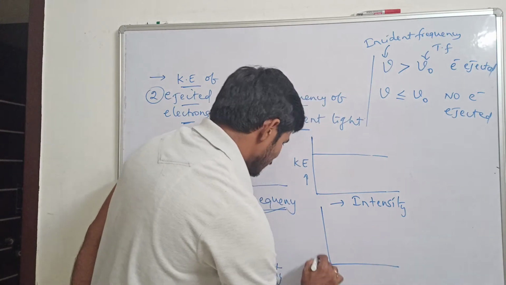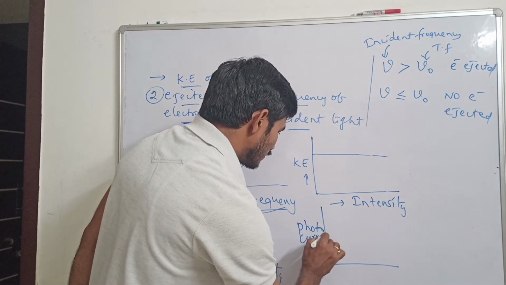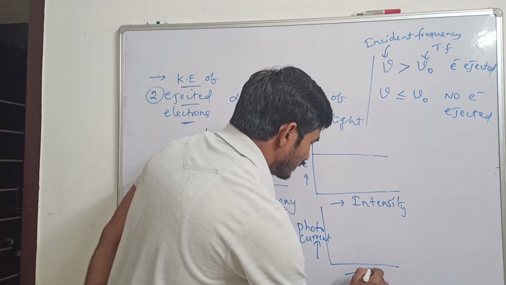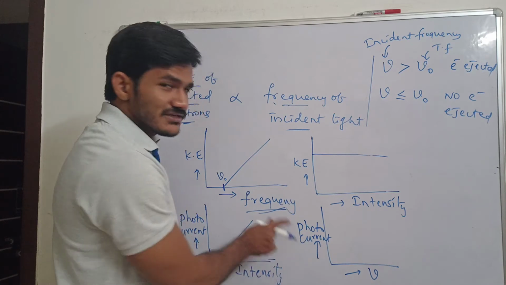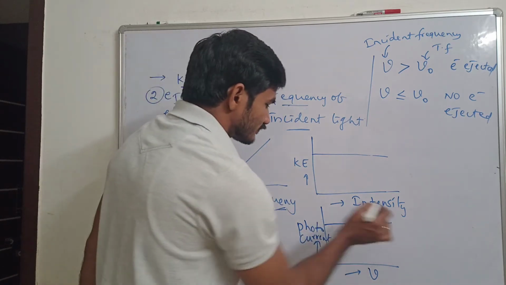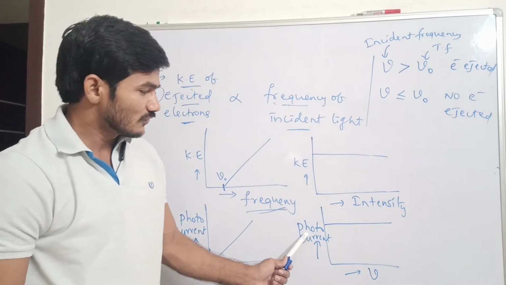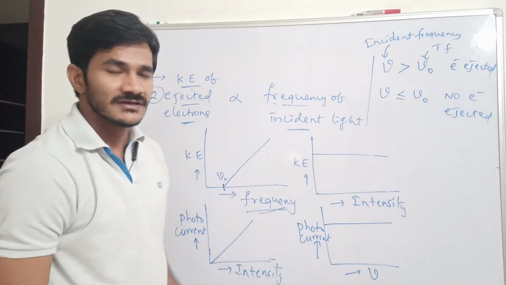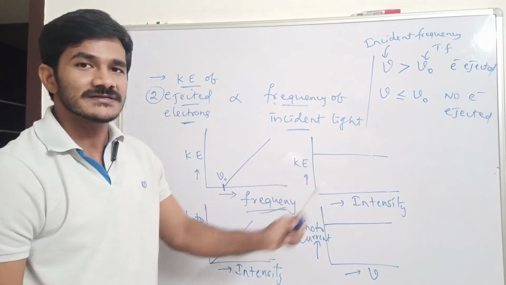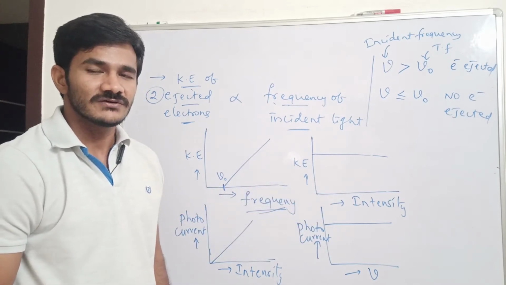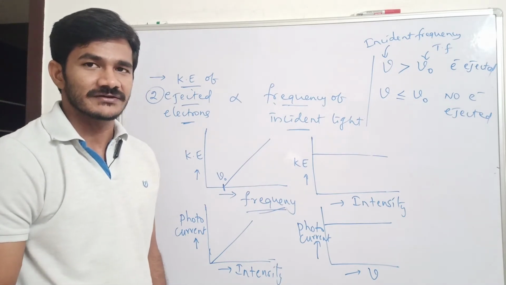Suppose I take photocurrent with frequency: with increasing frequency, is there any change in photocurrent? No, because photocurrent depends on intensity, not on frequency. Here also, kinetic energy depends on frequency, not on intensity. This is all about the phenomenon called the photoelectric effect.